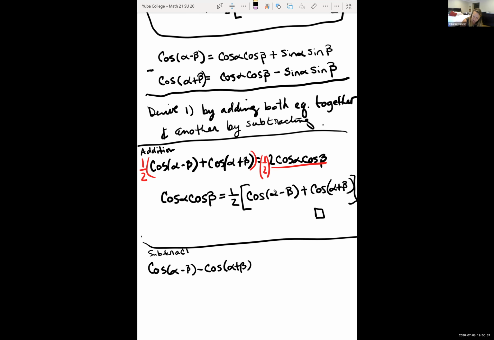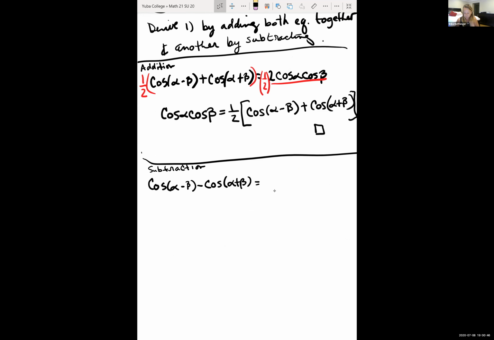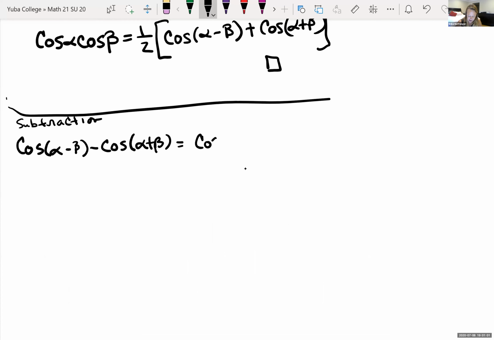When we subtract, though, we have the first grouping, the cosine of alpha minus beta. I'm going to need a lot more room, so I'm going to flip it the other way. I need the cosine of alpha minus beta, which is cosine alpha, cosine beta, opposite sign, plus sine alpha, sine beta.